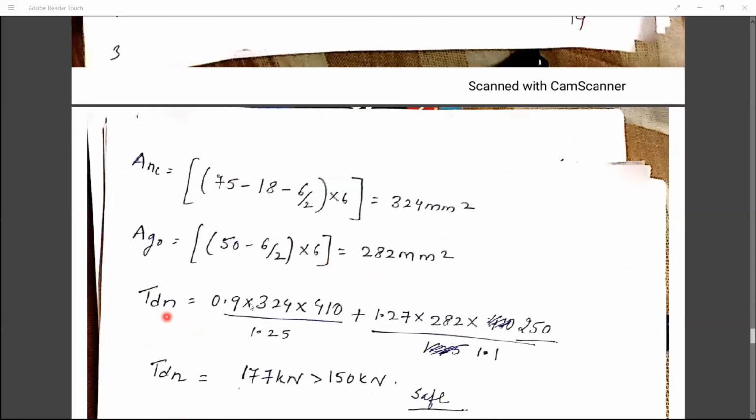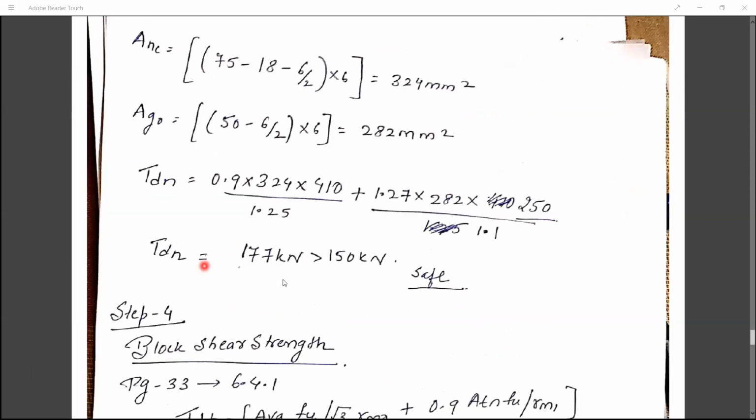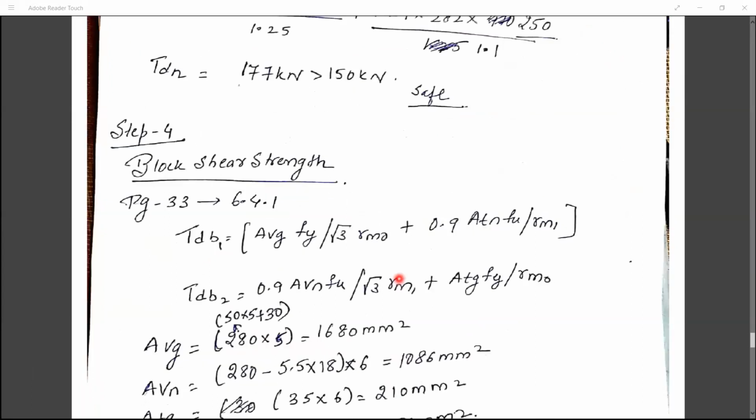Substitute your values: 0.9 into ANC 324 into Fu divided by 1.25, plus 1.27, this is the beta value, into AG0 282 into 250 divided by 1.1. So TDN value is 177 kilonewtons, which is more than 150 kilonewtons. It is safe.